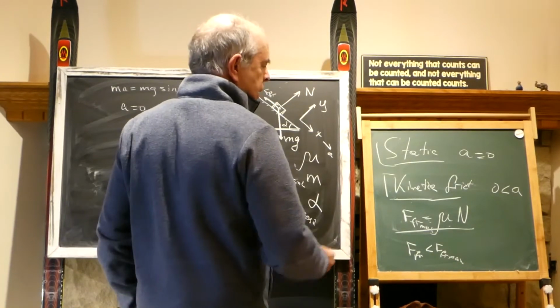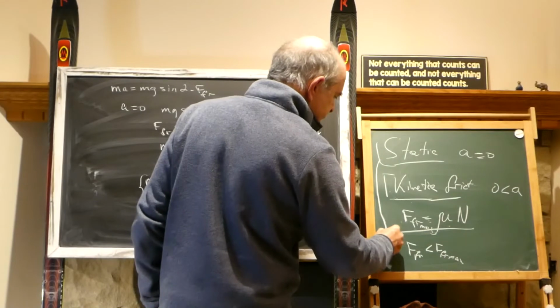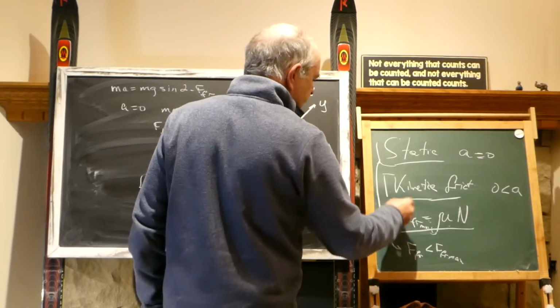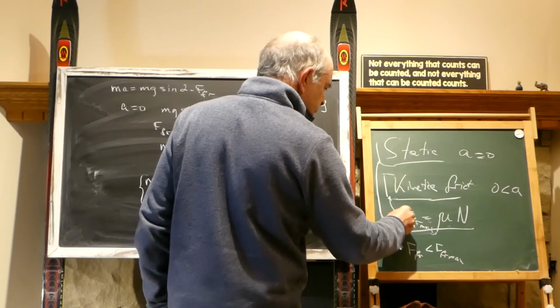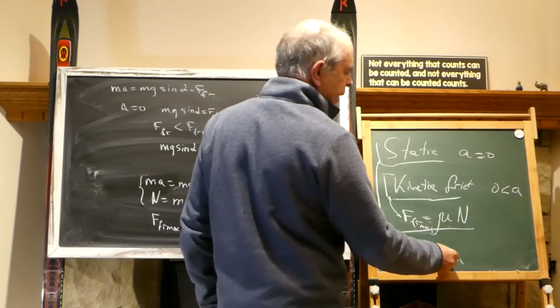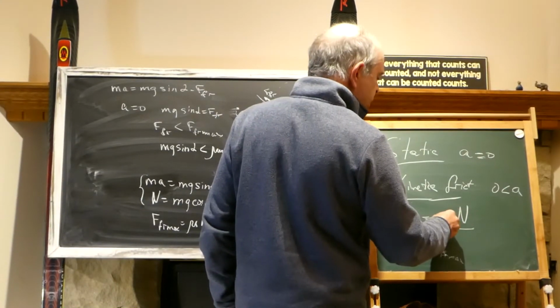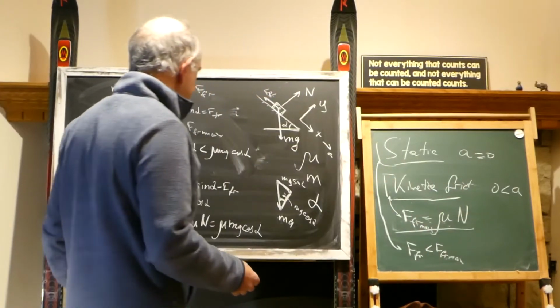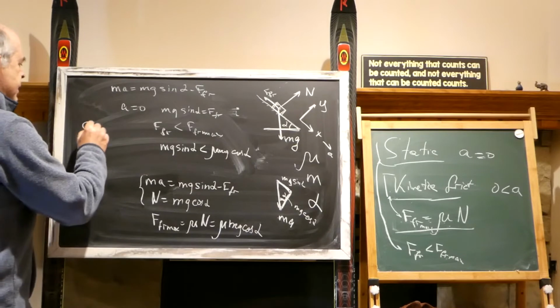So F friction less than F friction max means that this is static. And if friction max is mu N, that means it's kinetic. So A equals 0 and friction is less than friction max. And here A greater than 0, but friction is maximum, it's mu N. And this is the case when A equals 0, so this is a static scenario.